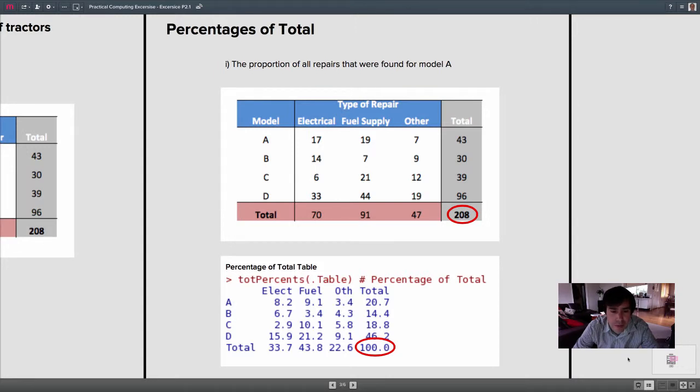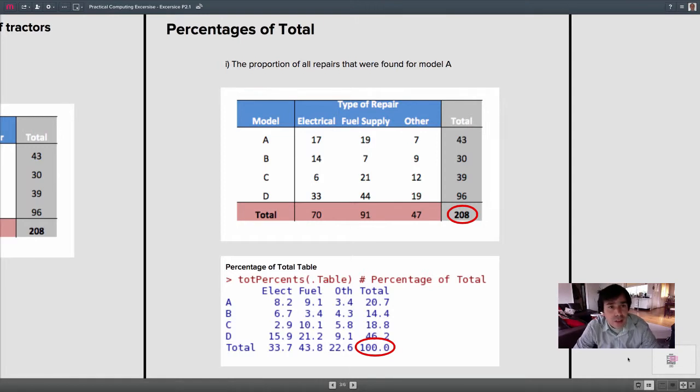And this is a table that is called the percentage of total table, or the total percentage table, because it takes the total number of repairs, 208, as 100%. Then all these percentages obtained in the table created in R have been obtained by dividing the actual value by 208 multiplied by 100 to obtain the result in percentage.